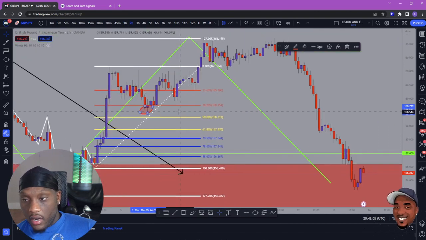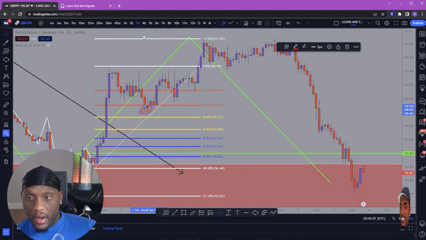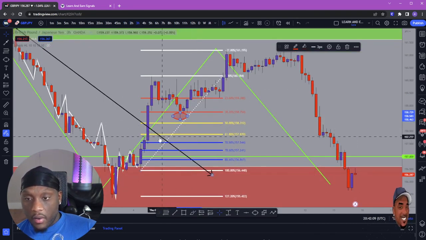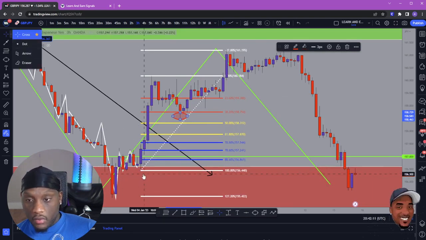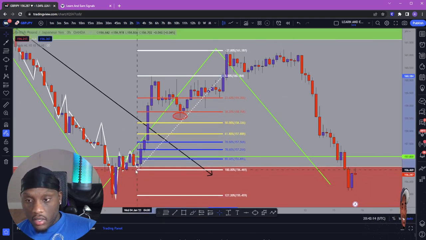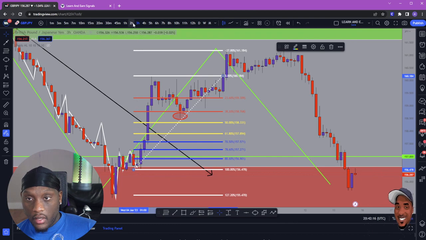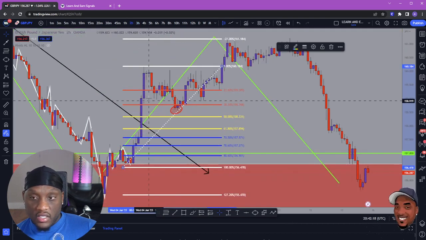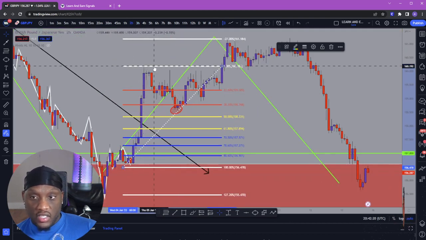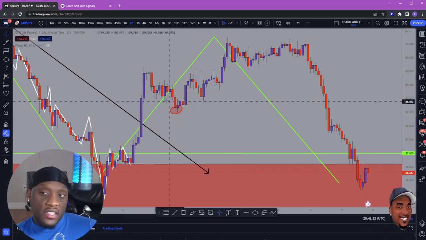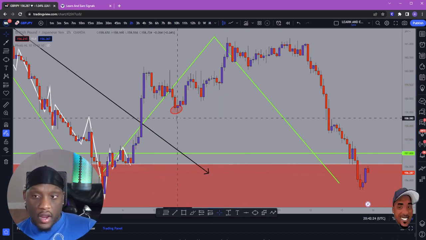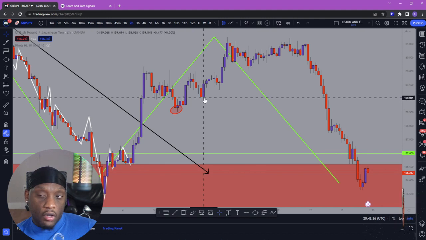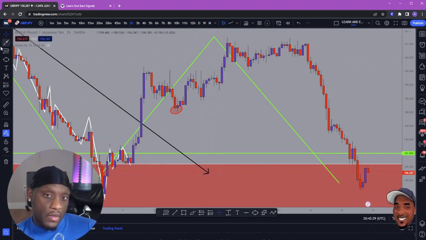If we don't want to look at all of that, we can change the time frame from this and see where it was last maintained as a 38.2, right? So looking at it from this perspective, I want to say it's the 2 hour. It's a 2 hour that makes the most sense in this scenario, right? Now, what makes a structure is not only higher lows being maintained, but also the higher high that we get from it.